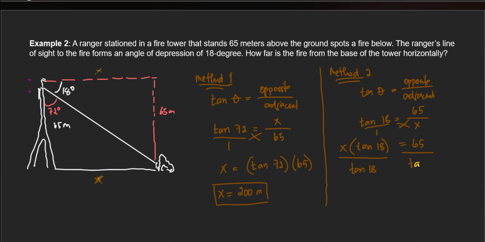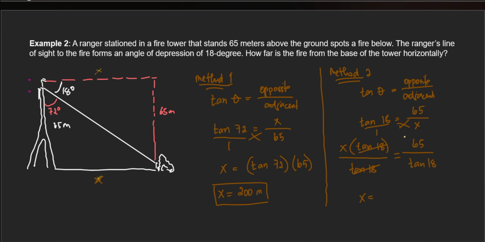This one also tan 18, because this is cancelled out since we divide them. So it becomes 1 multiplied by x, so x only. In this part, you have to divide the 65 and tan 18.